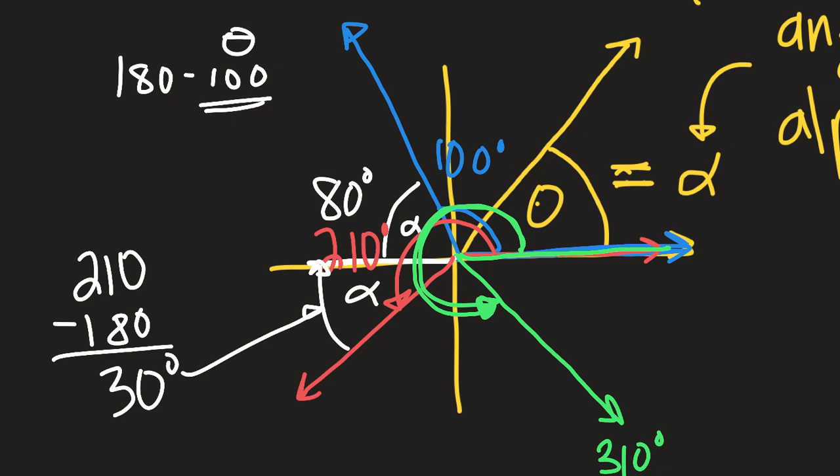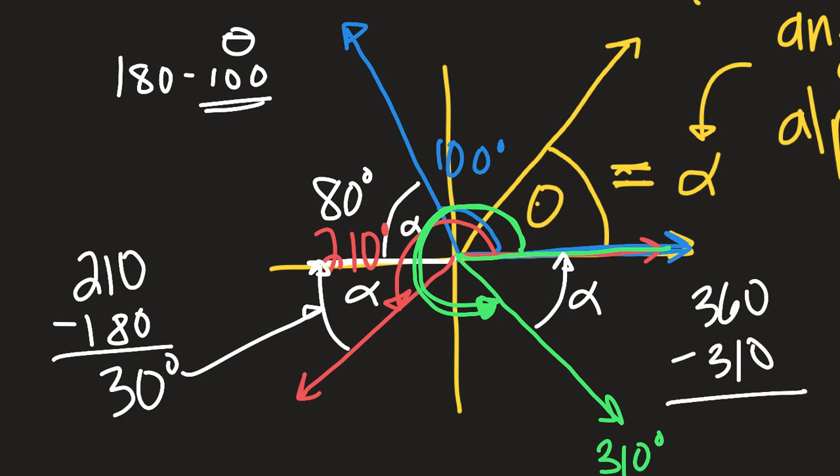In this case, our alpha is what it takes to get all the way to the end. In other words, 360 minus 310. So our reference angle would be 50 degrees. So the reference angle is the degree angle that you need to get to the positive x-axis, or the negative x-axis if you're in the second and third quadrants.